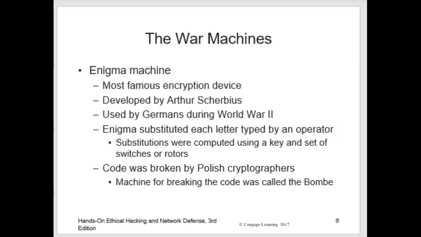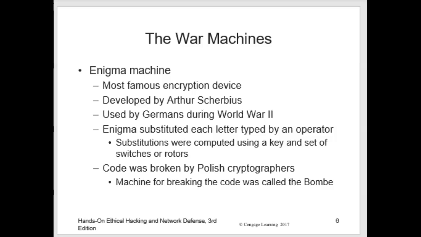Now, speaking of World War II, war machines get into it, right? So the most famous encryption device was the Enigma machine, and this was used by the Germans during World War II. Well, how did it work? The operator typed a letter that was to be encrypted, and the machine displayed a substitution character for the letter.